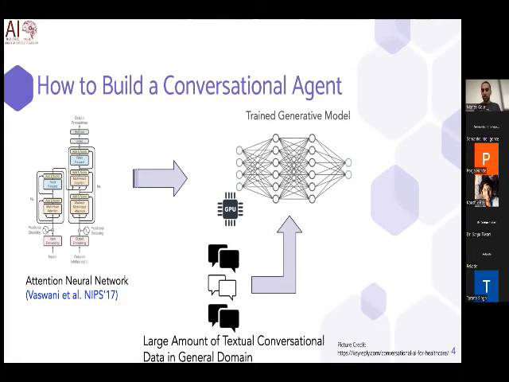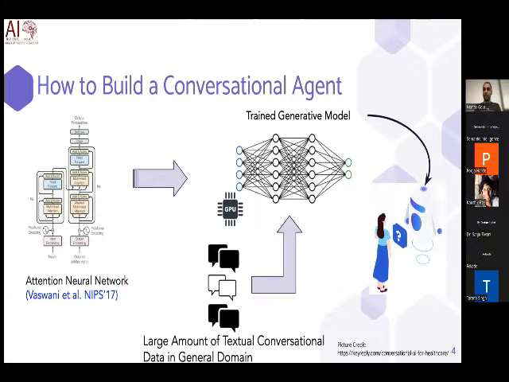At the end you get a trained generative model. You can put this generative model into a conversational system, and it can help conduct an interaction between the user and the agent.